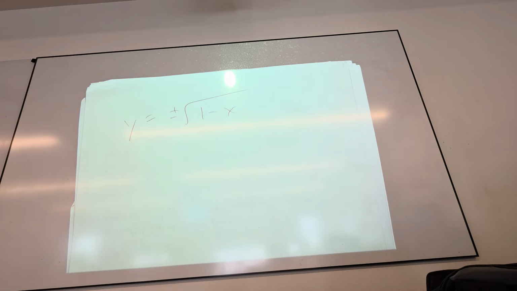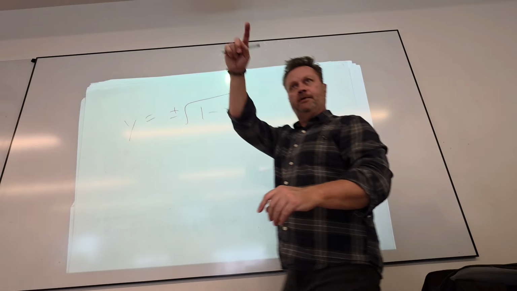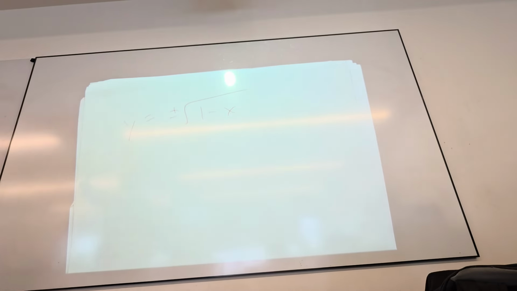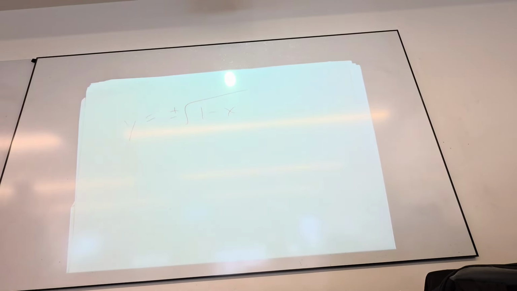Somebody remind me, what does it take to be a function? Every input can have only one output, yes? What part of this automatically tells you if it's a function or not? What does y equal always? Read it. Plus or minus. Automatically most x's are going to give me how many answers?